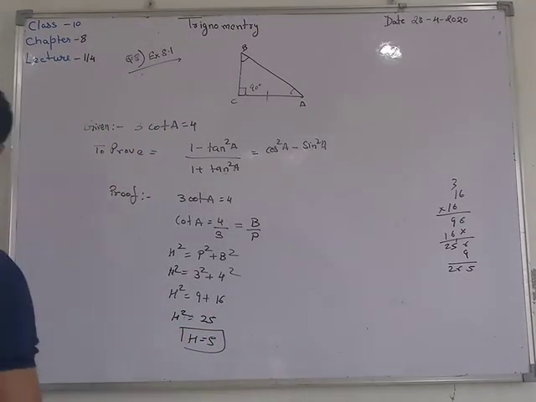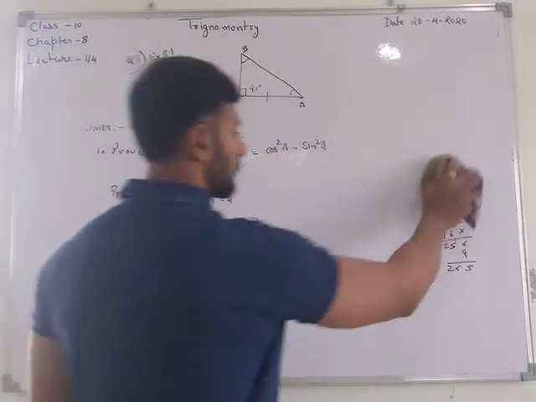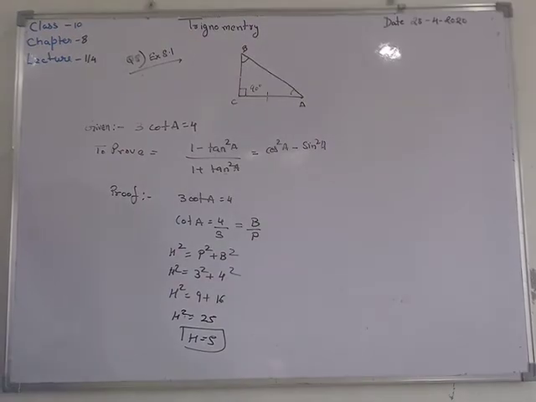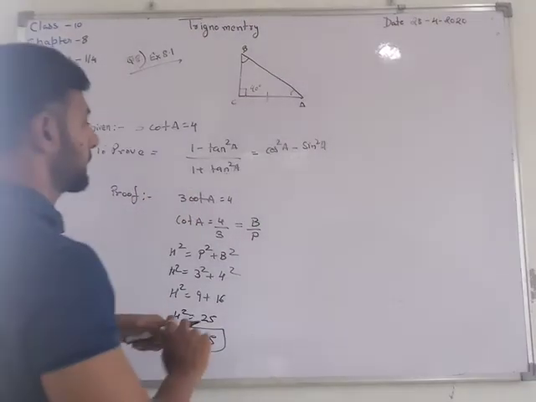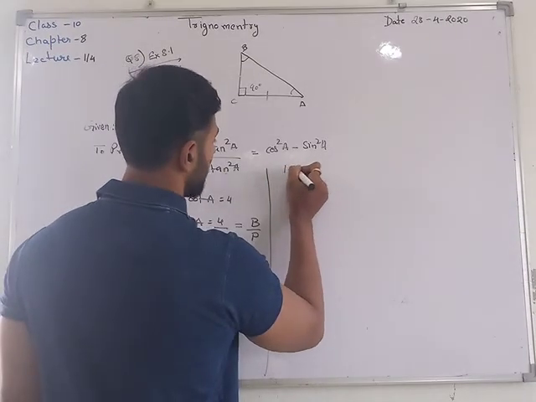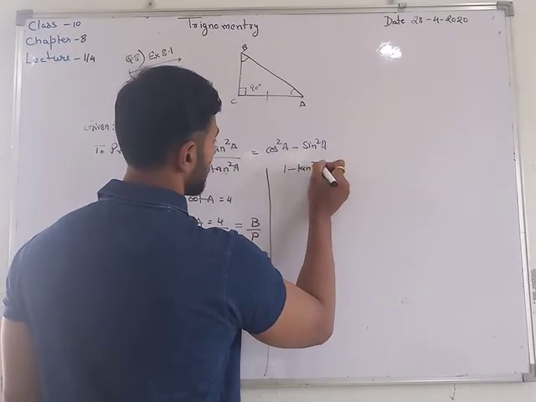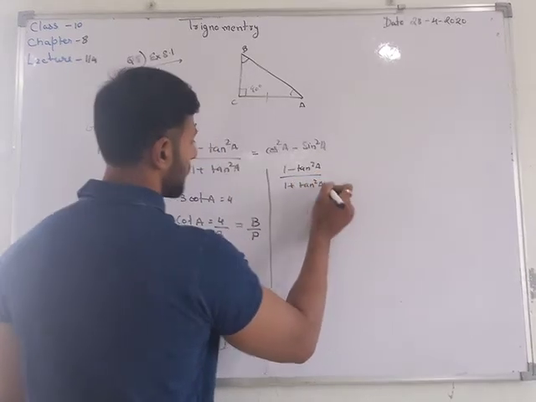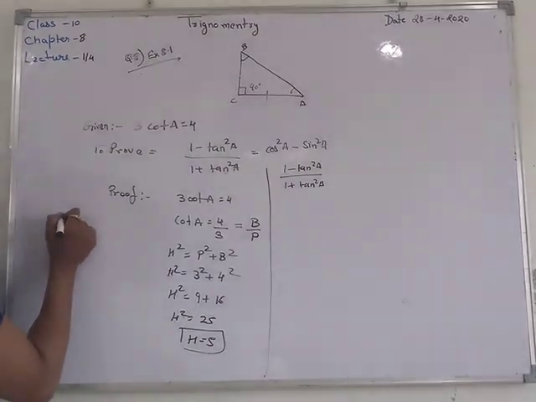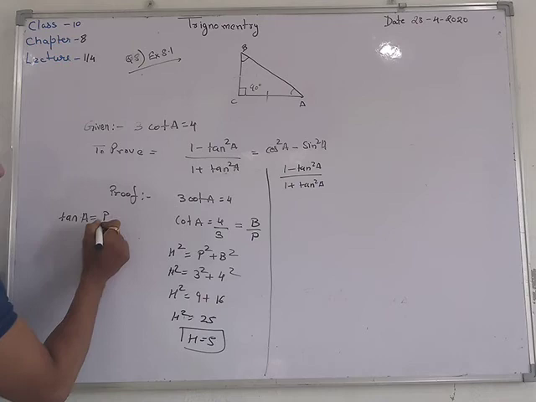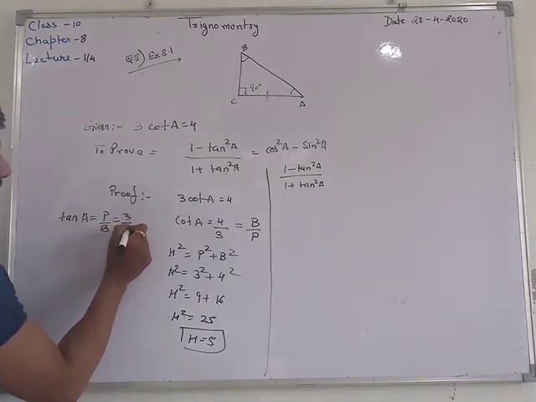Hypotenuse is known to us now. Now let's solve. First solving the LHS part. LHS is 1 minus tan square A upon 1 plus tan square A. Tan A is perpendicular upon base, which is 3 upon 4.